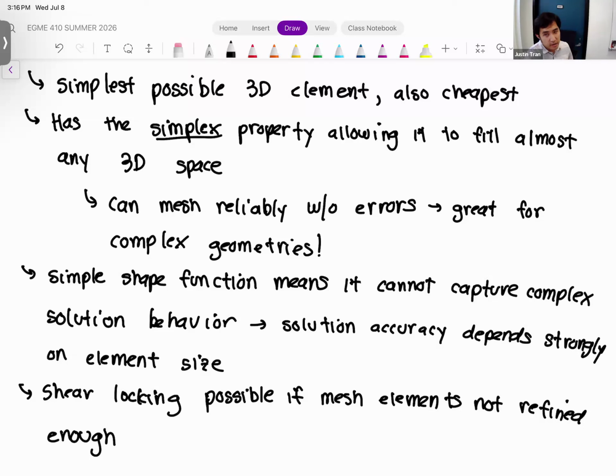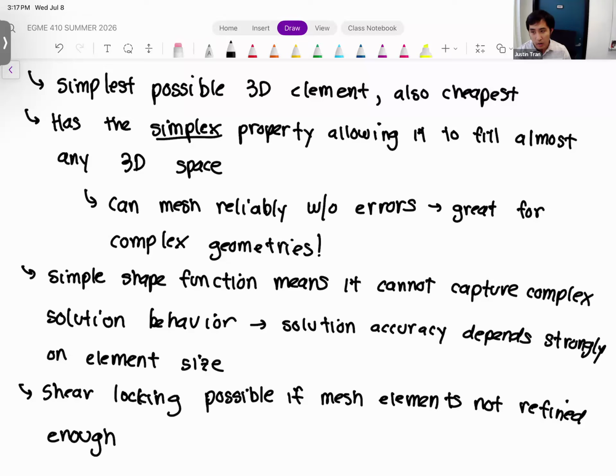And so when I say that the tetrahedron is better for complex geometries, it means that you're going to be able to mesh it more reliably. Now, granted, I don't think that's something that we've really experienced in the class so far with the ANSYS activities, because ANSYS activity 1 and 2 have been very simple geometries, and so there hasn't really been an issue meshing those. But when you're using finite elements for more practical problems, you're going to have a very complex CAD file. And what you're going to see is that if you try to use a quadrilateral element or a rectangular element, you're going to run into issues with the meshing.